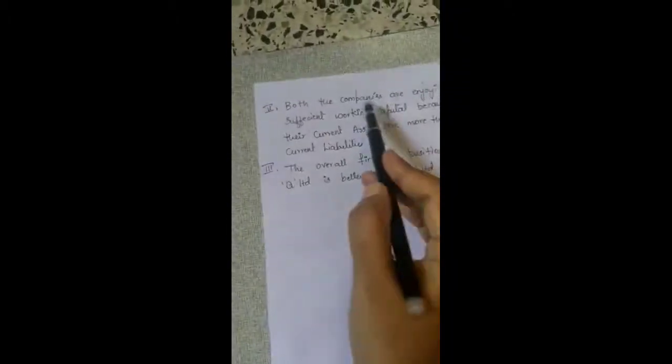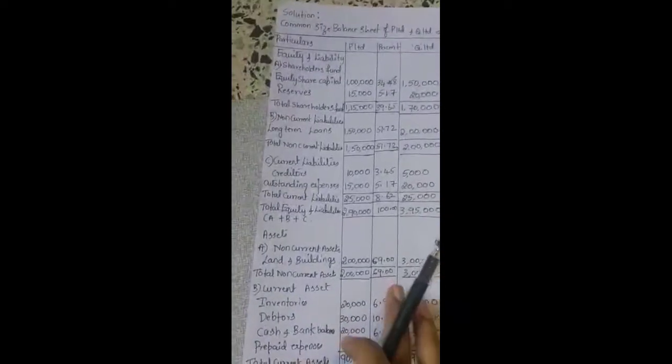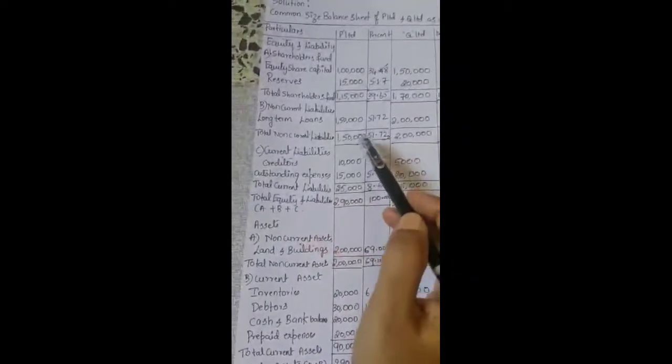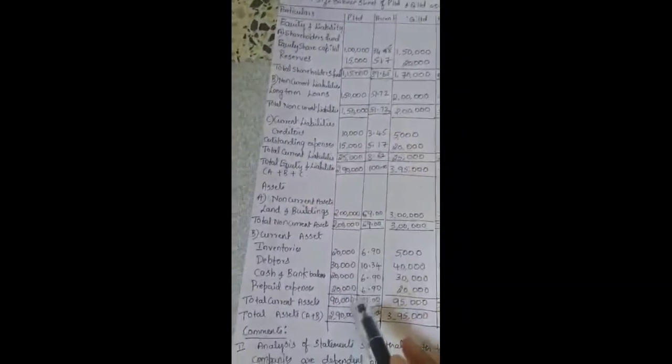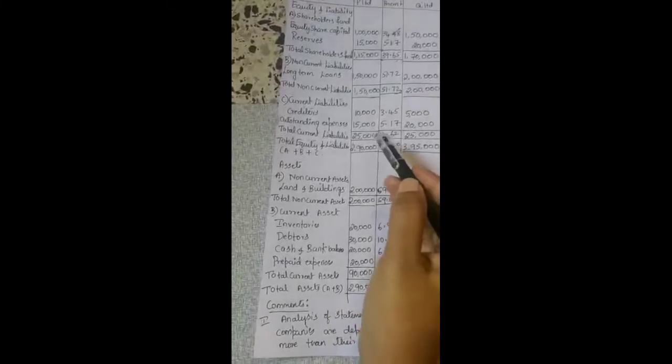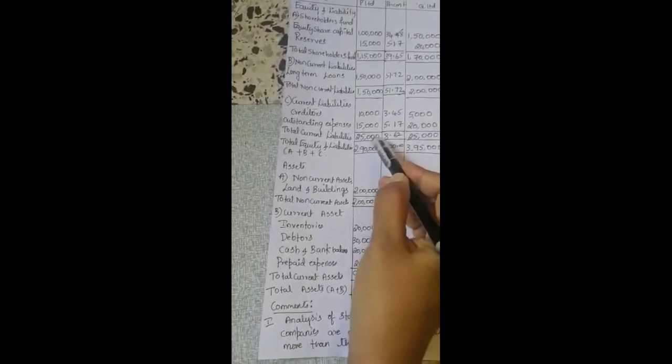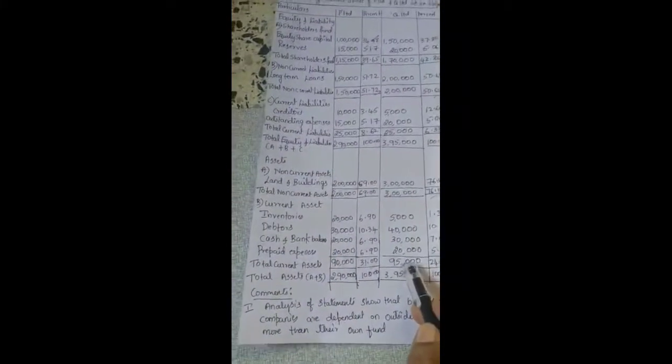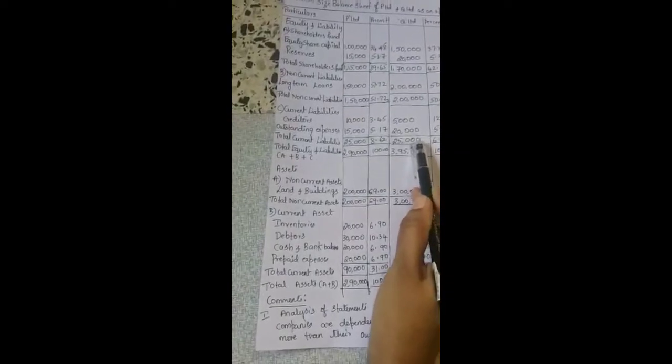The second comment should be based on the working capital. While passing the second comment, you have to observe current liabilities and current assets. Here current assets of both the companies are more than the current liabilities. Current assets of P Limited is 90,000, whereas current liability of P Limited is 25,000, and current asset of Q Limited is 95,000, current liability of Q Limited is 25,000.